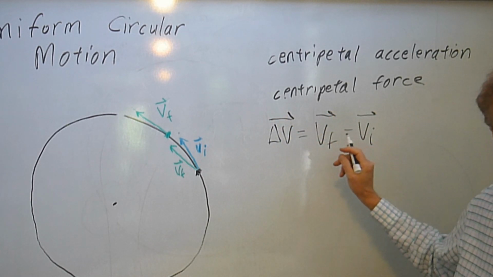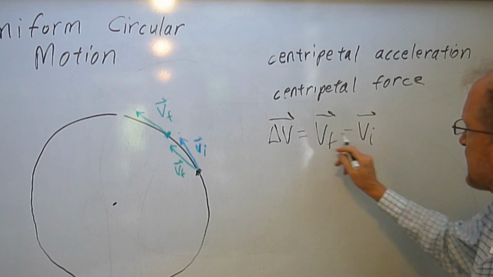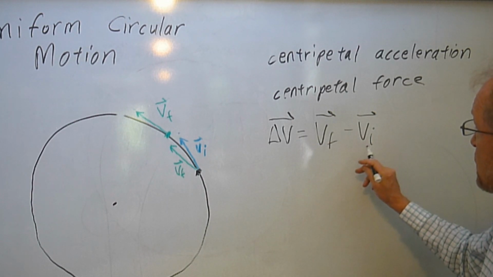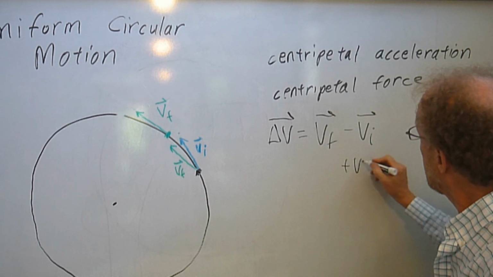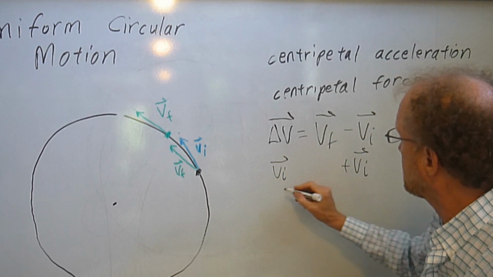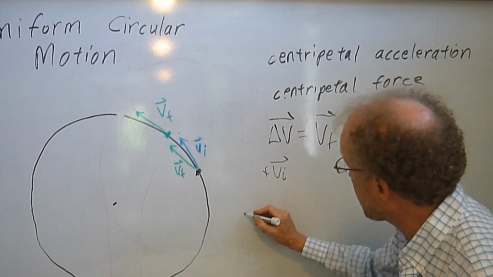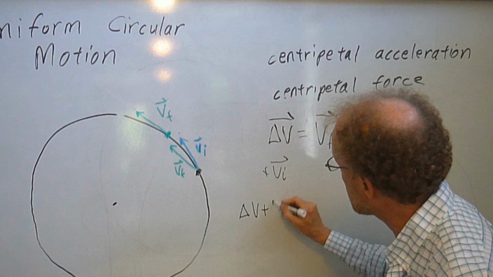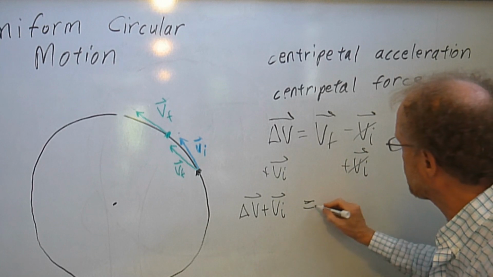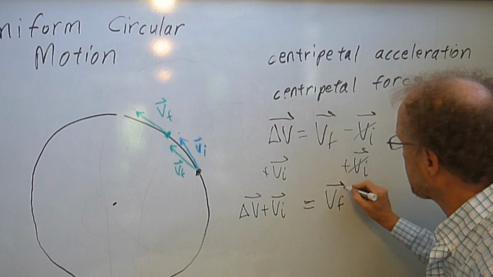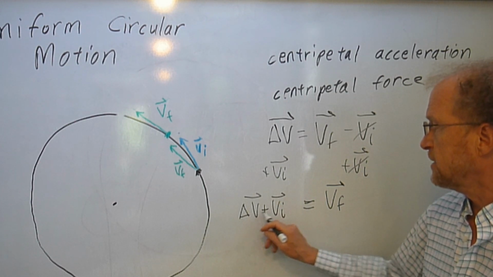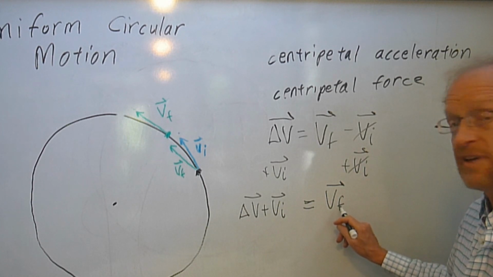And we know that when we're doing arithmetic with vector quantities, we can do the same thing we do in algebra. I'm going to add vi to both sides. And here we get delta v plus vi equals, these cancel, v sub f. Delta v plus vi equals v sub f.